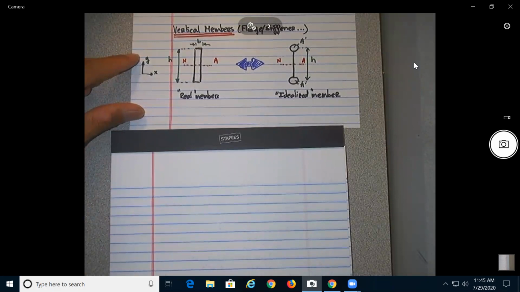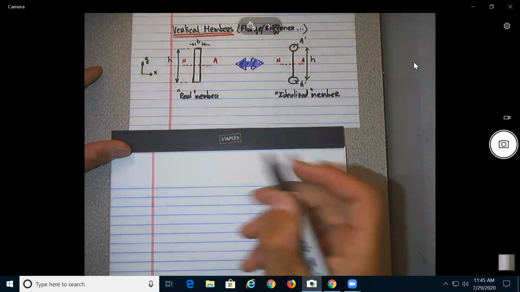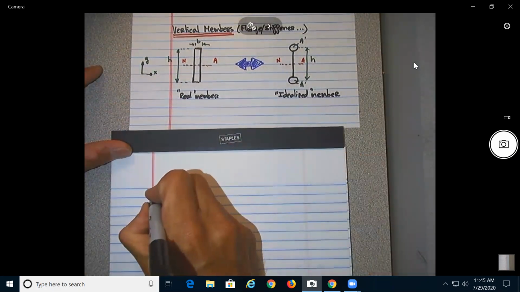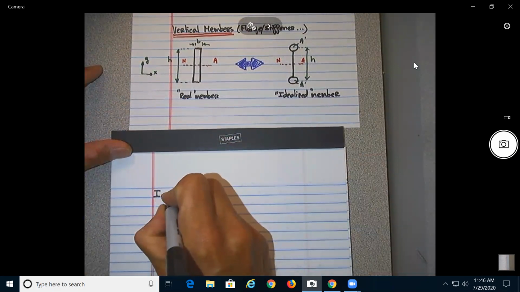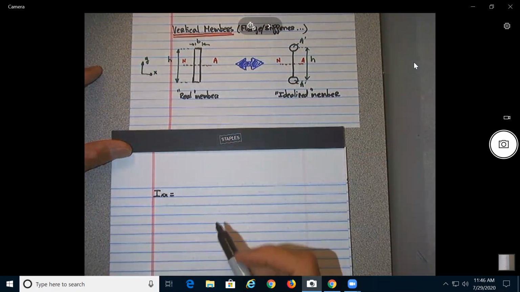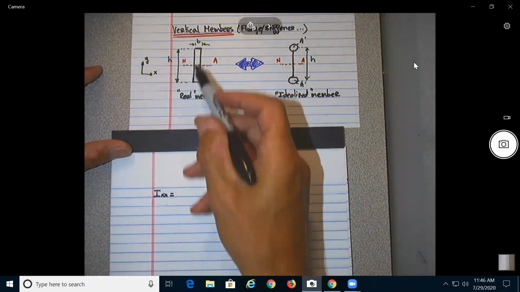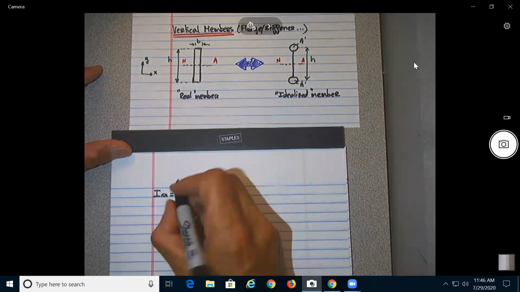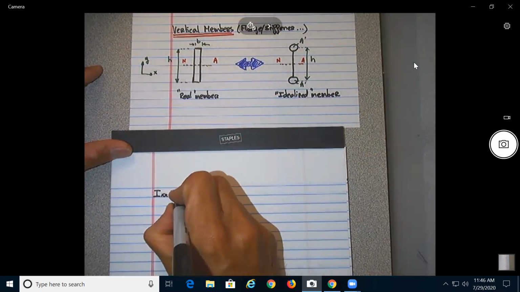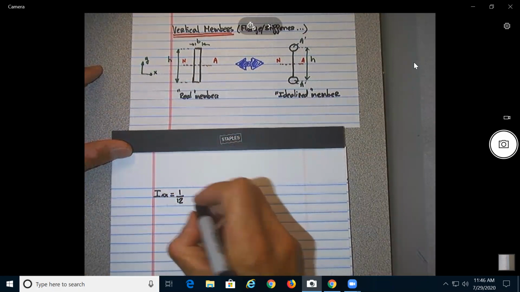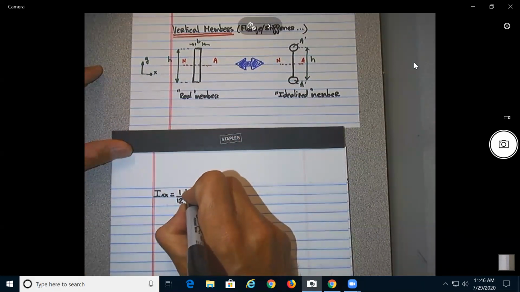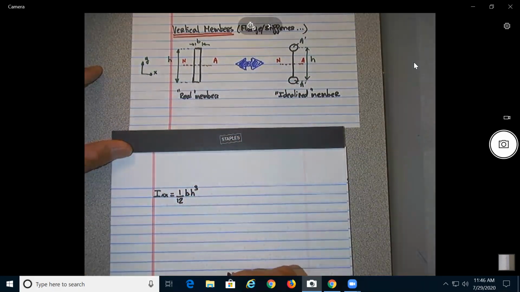So for the real member over here, what would be the moment of inertia of this vertical member? It will be 1/12 times the base times the height cubed, okay?